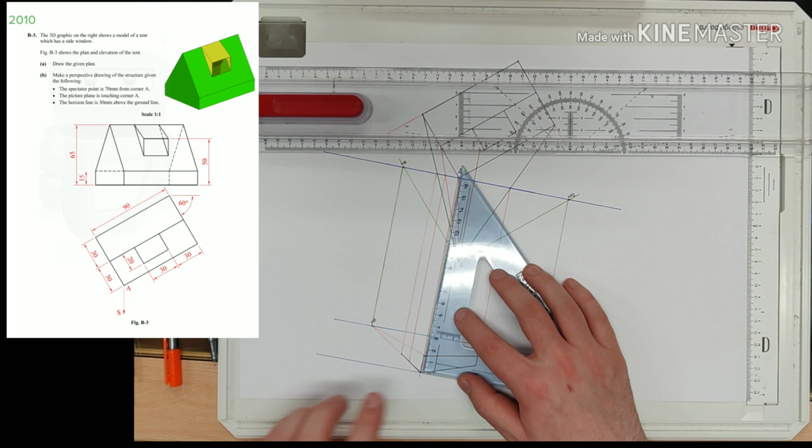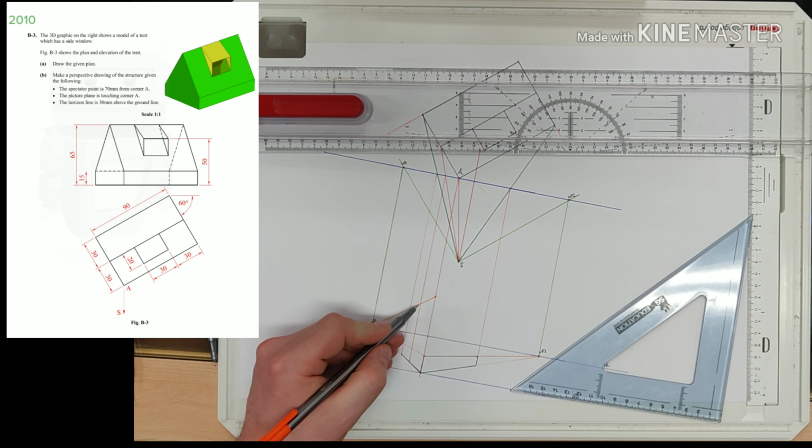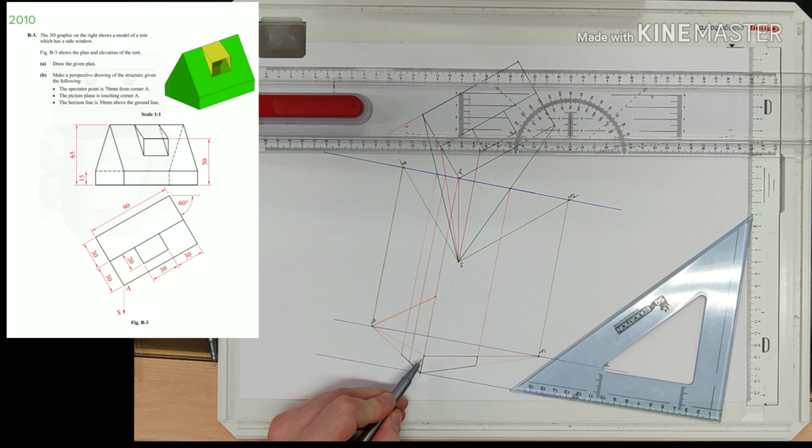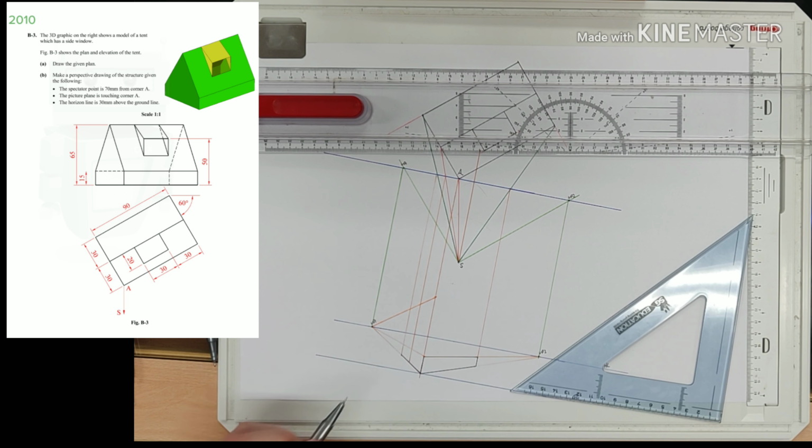I know that the top of my roof sits here at this point, so I can now join them back from here and here. So I'm going to do that in dark. That's that side of the house complete.